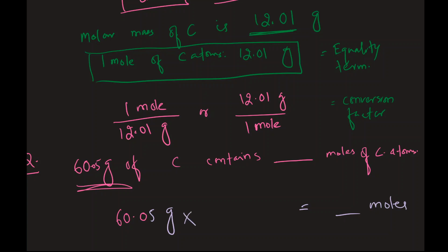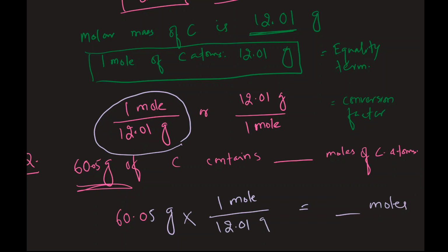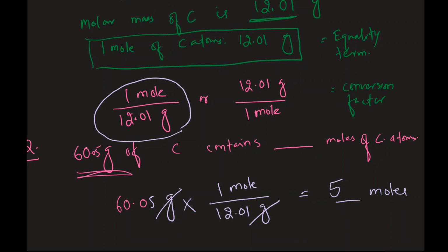So you multiply by the conversion factor, and which one would that be? The one where mole is on top. So per each 1 mole, it is 12.01 grams. The grams cancel, and if you do the math, it's going to come out as 5 moles. I'm not worried about sig figs for now. I'm just doing the simple conceptual math. Okay, so that's 5 moles, right?